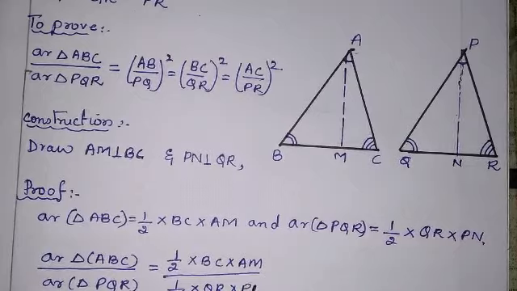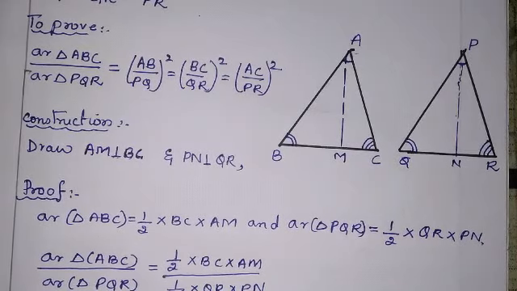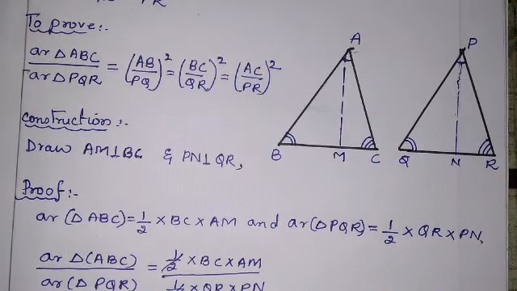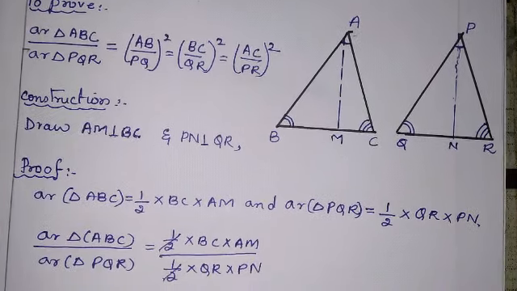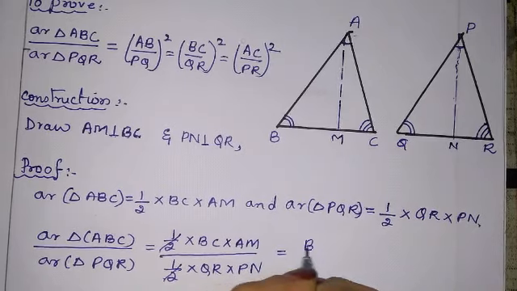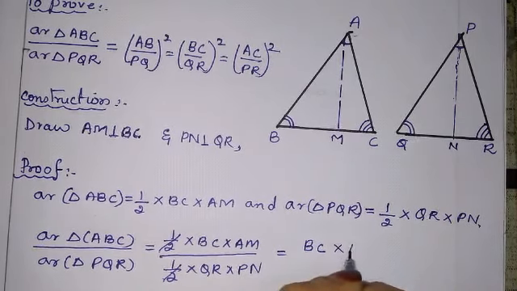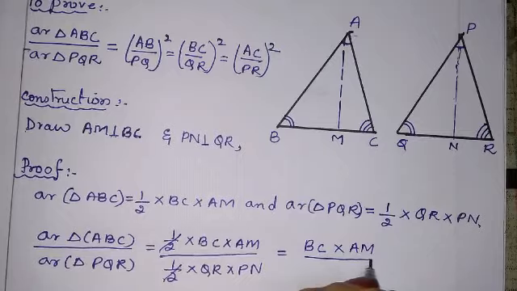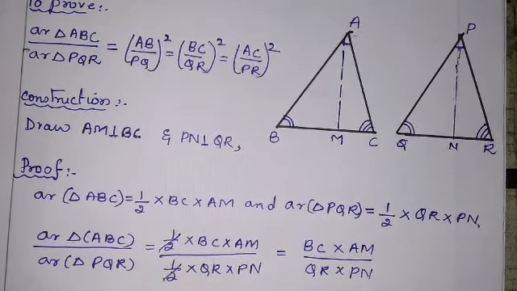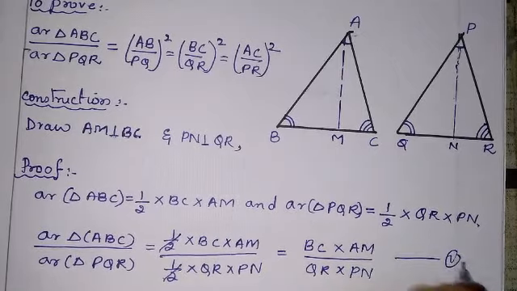Half gets cancelled. What is left? BC into AM by QR into PN. Let us write this as equation 1.